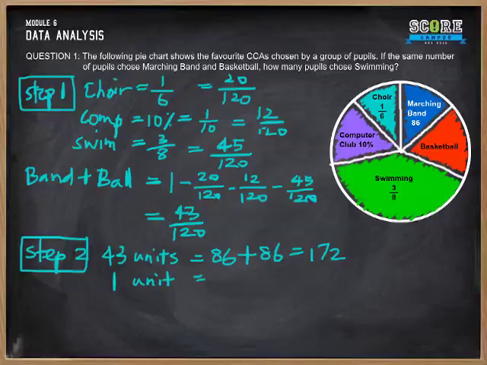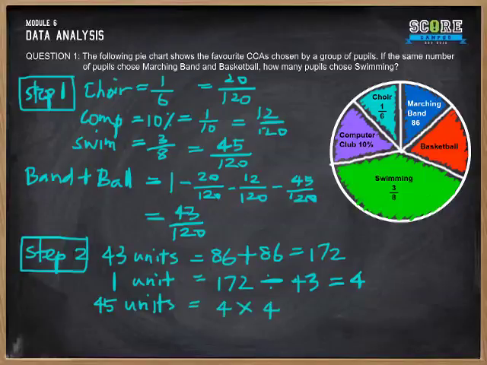What is that again? 172 over 43 is 4. That's right. So 1 unit is 4. What is 45 units? 45 units is represented for what? Swimming, right? So you get 4 times 45, and your final answer is 180. That's your final answer for this question.